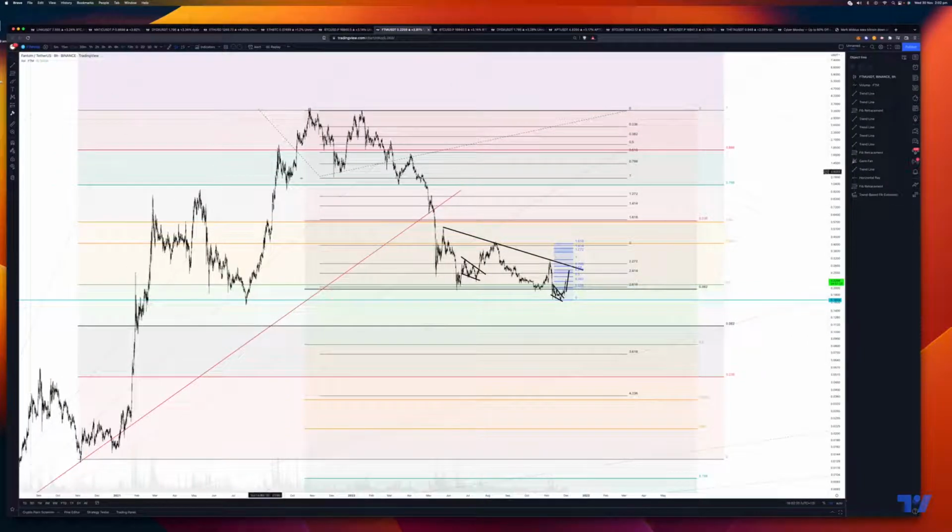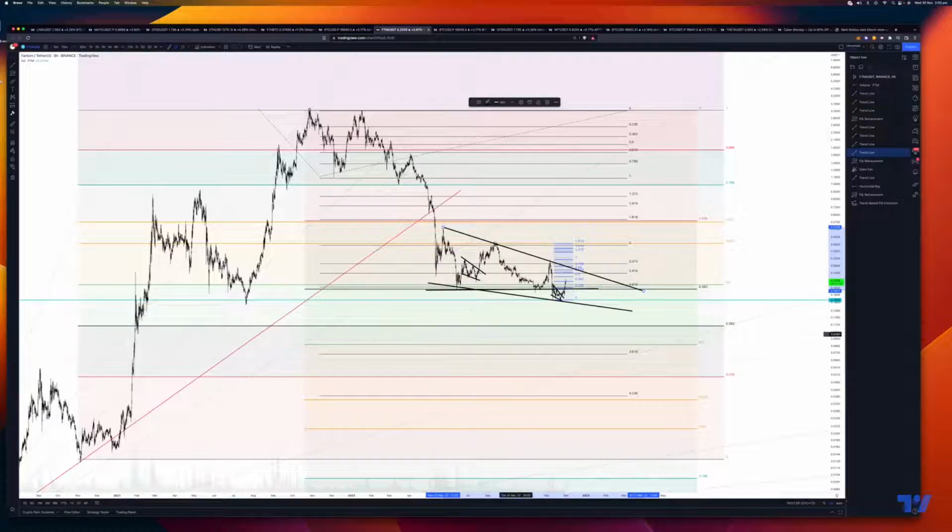So this doesn't look like a great structure at all. It's a relief rally to me. And if we were to look at it from that perspective, a bit of a fake out. And yes, this is not an easy structure to understand. Maybe it's just a channel, I'm not sure. But we'll see how that turns out.